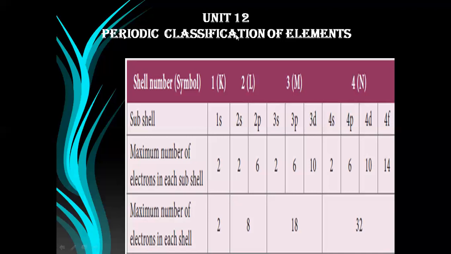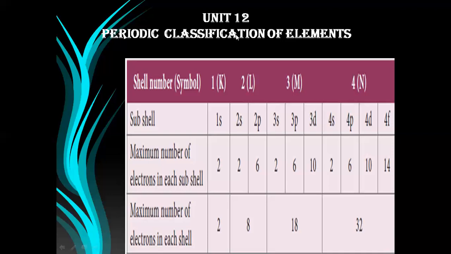Next, the L shell. An s subshell has only 2 electrons. Okay? Next, the p subshell has 6 electrons. How many subshells are in the L shell? s and p. So s has 2 electrons and p has 6, totally 8 electrons.